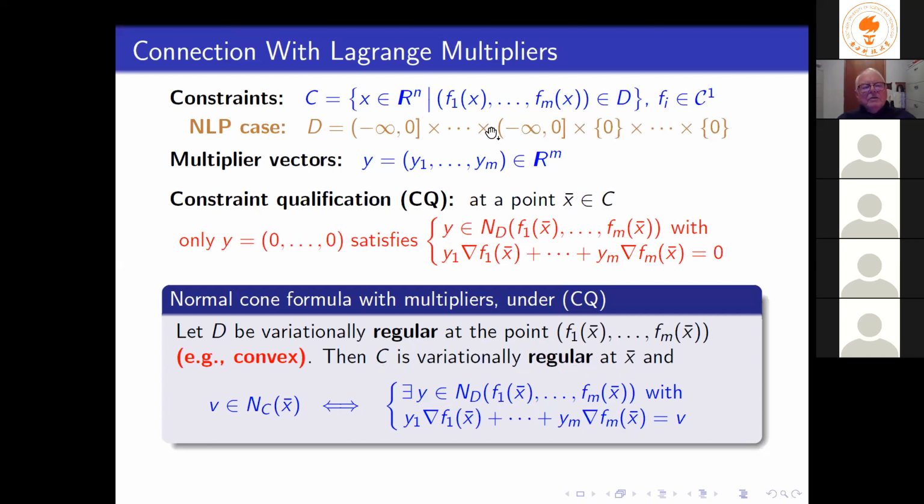So if we think about this in the particular case of a nonlinear programming problem, I have this constraint cone given by inequalities and equations. I won't write it down here, but we all know what the conditions should be on the multiplier vectors. For the equation constraints, they can be arbitrary multipliers, but for the inequality constraints, the complementary slackness condition comes in.